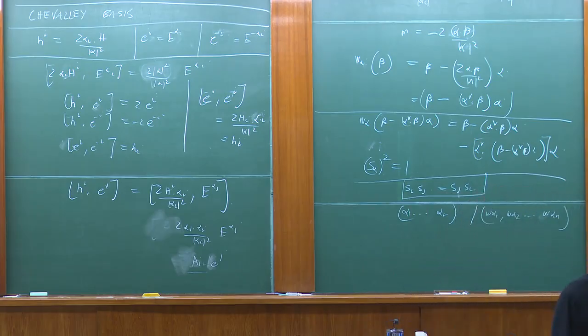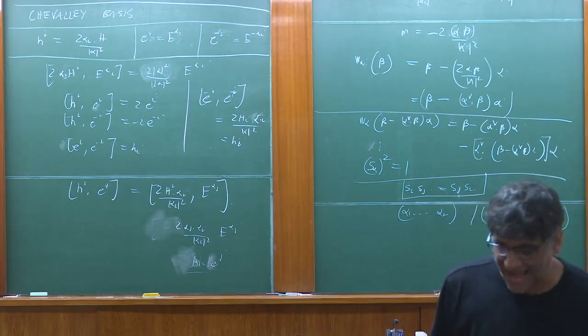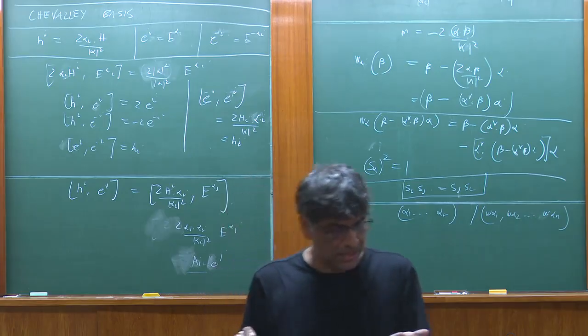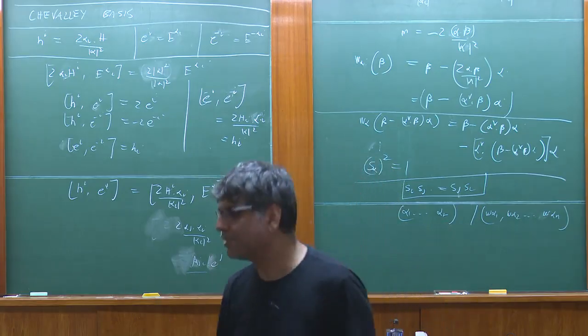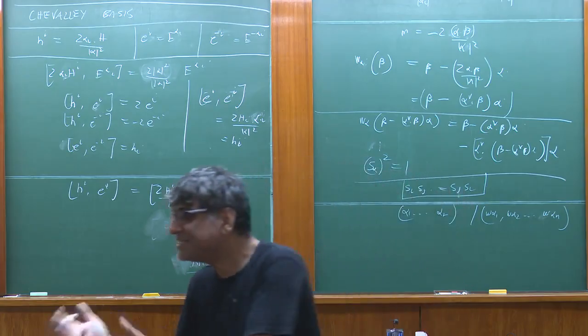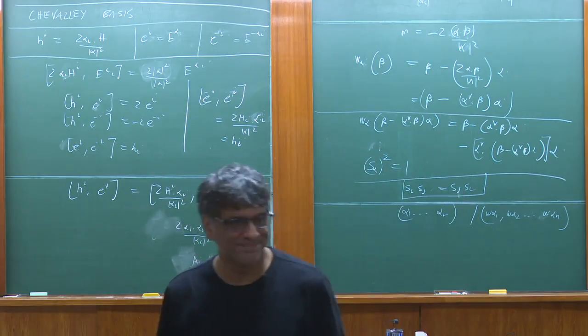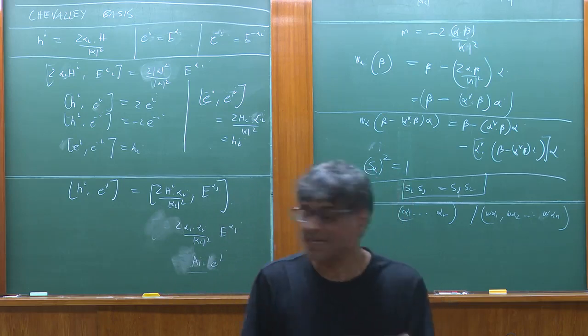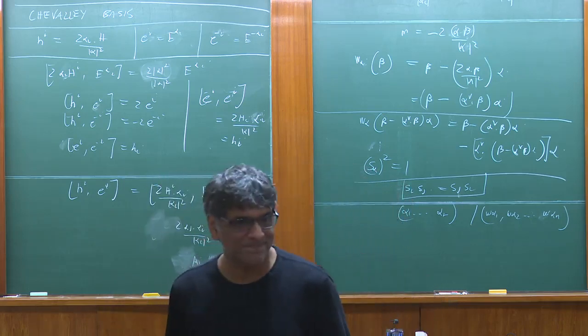So what was really important about simple roots was that every other root was some integer linear combination of it. You didn't need to use halves in that relationship.